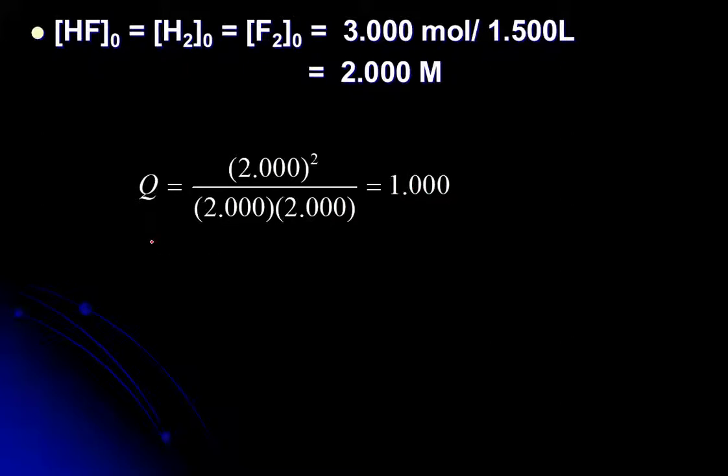Well, K was basically 115. So we have 115 for K, and Q is 1. In this case, K is quite a bit bigger than Q, so we would have a greater than sign, which means we're pointing to the right, we're going to make products, and we're going to consume reactants.